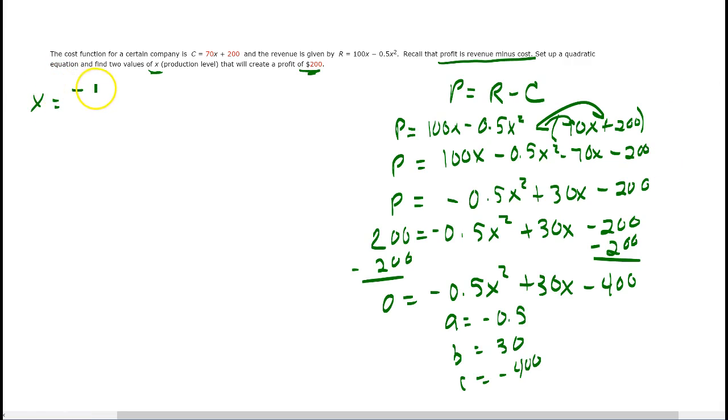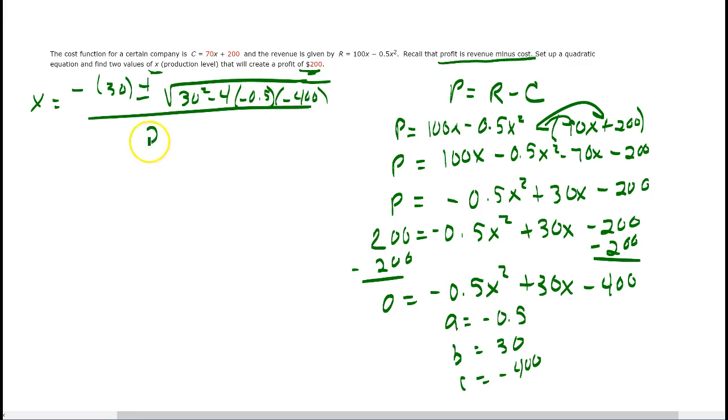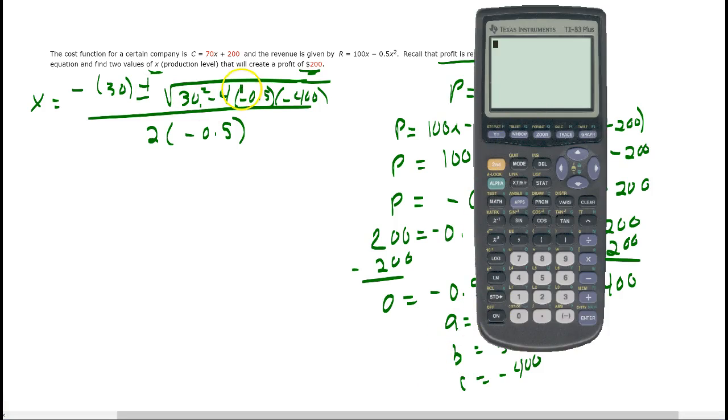So negative B, which is 30, plus or minus the square root of 30 squared minus 4 times A, which is negative 0.5, times C, which is negative 400, and that is all over 2 times A. Okay, so I brought up my calculator so we can calculate this under the square root.